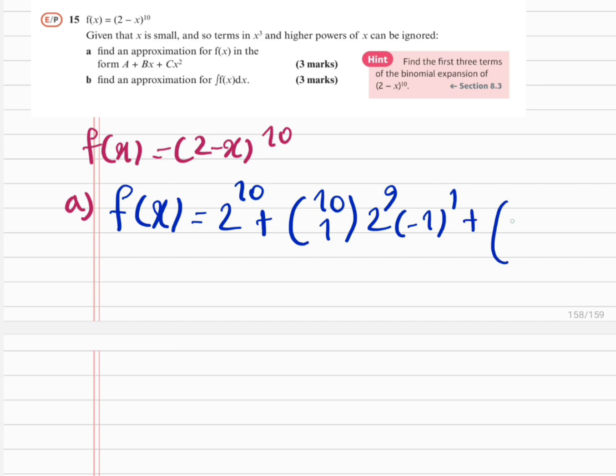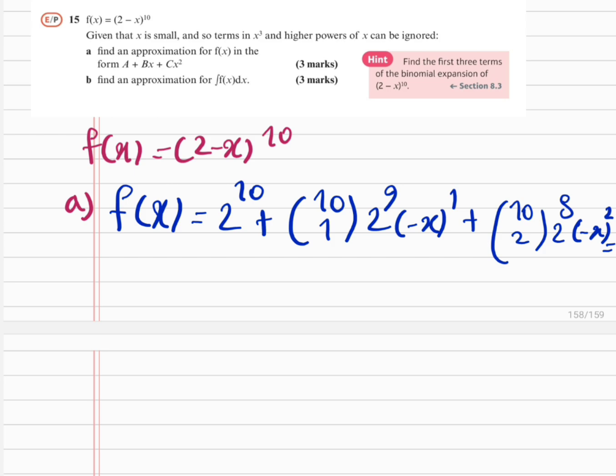And then for the third term we have 10 choose 2, then this time 2 is to the power of 8, and sorry, here not minus 1, it should be minus x. So here we have 2 to the power of 8 times minus x to the power of 2, and that's it basically, because these are the first three terms, and after this x is going to a power of 3, and that's when they are going to get insignificant.